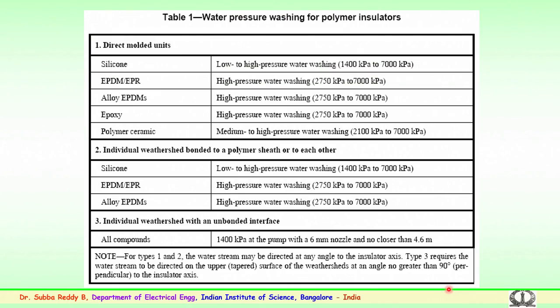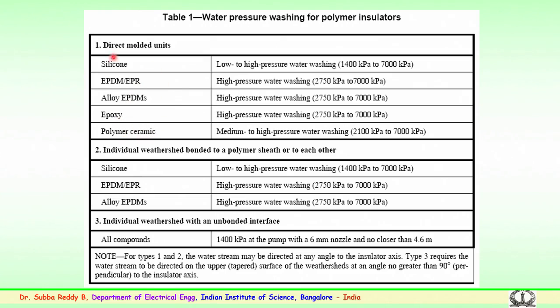This table shows the water pressure washing particularly for polymer insulators. You can see that for polymer insulators there are materials like direct molded units of composition of silicone, EPDM, alloy, epoxy type of material, and polymer ceramic.